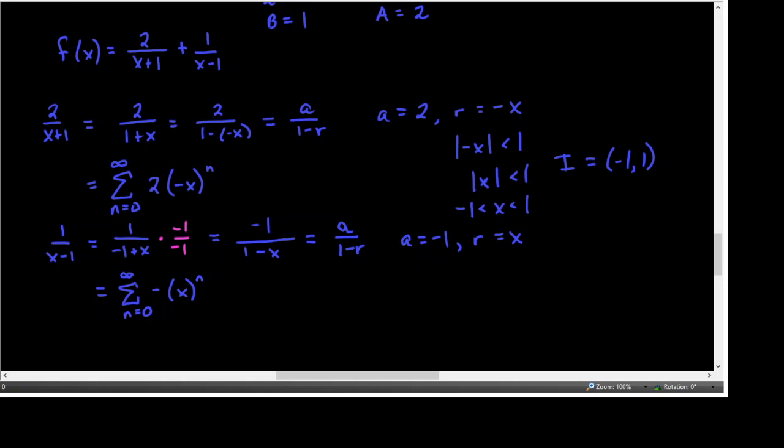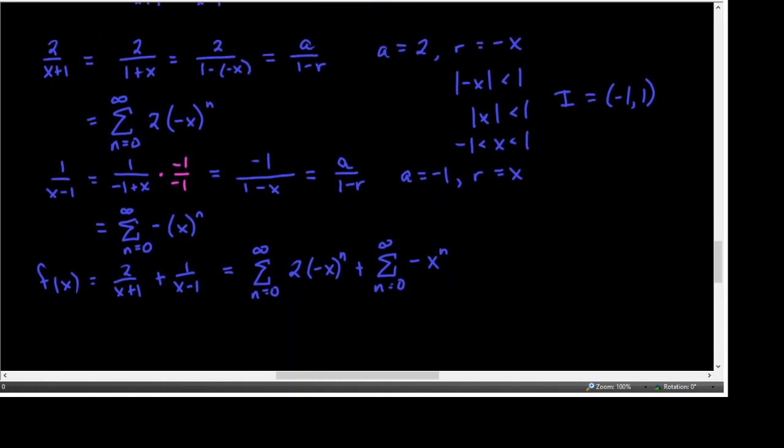So, since our original function was rewritten using partial fractions to be 2 over x plus 1 plus 1 over x minus 1, that's equal to, by substitution, sigma n equals 0 to infinity of 2 times the opposite of x to the nth plus sigma n equals 0 to infinity of the opposite of x to the nth.